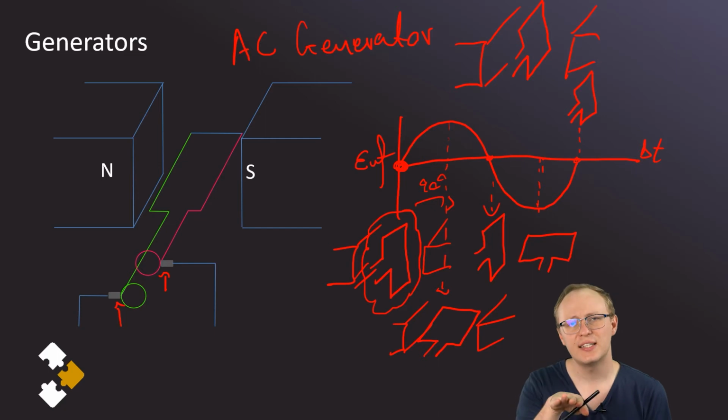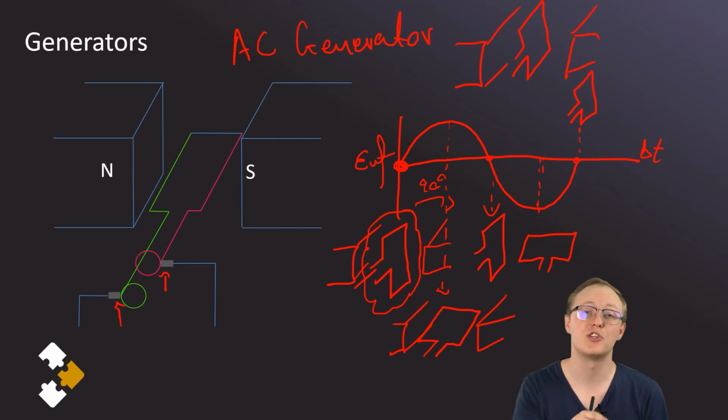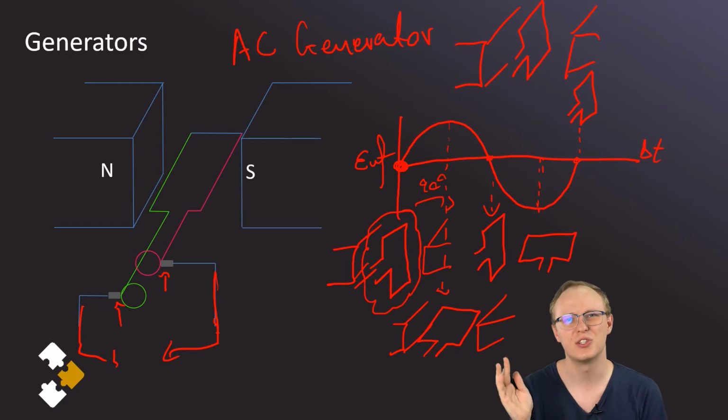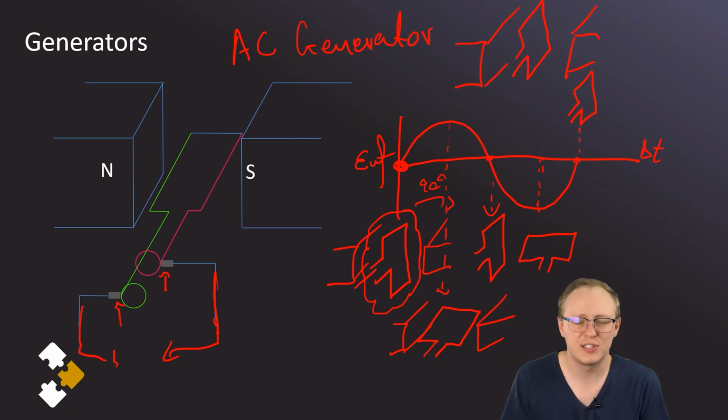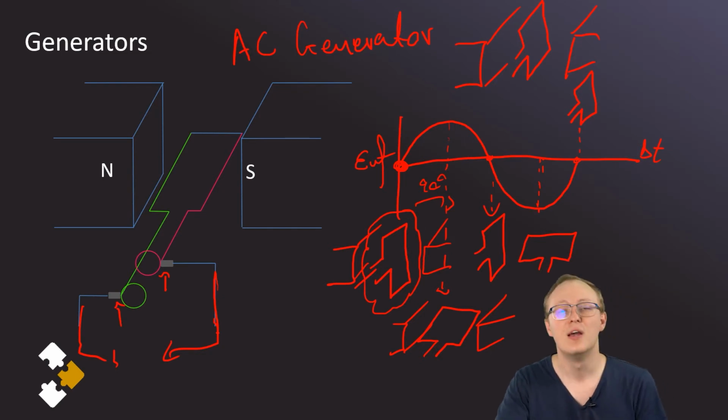Okay, so that's how the position of the armature in the magnetic field relates to that output graph that we get for the AC that comes out, right? So when I say out, I mean in these wires here that go to an external circuit where the electricity gets used in a useful way to turn on a light bulb or to run a fan or whatever it is. Okay, cool.